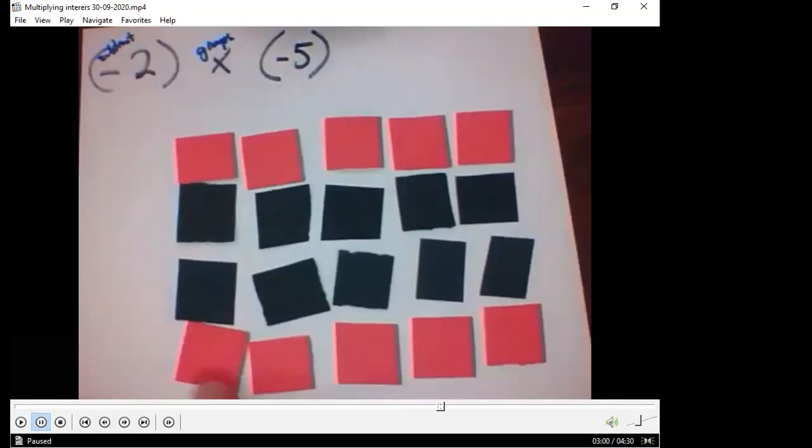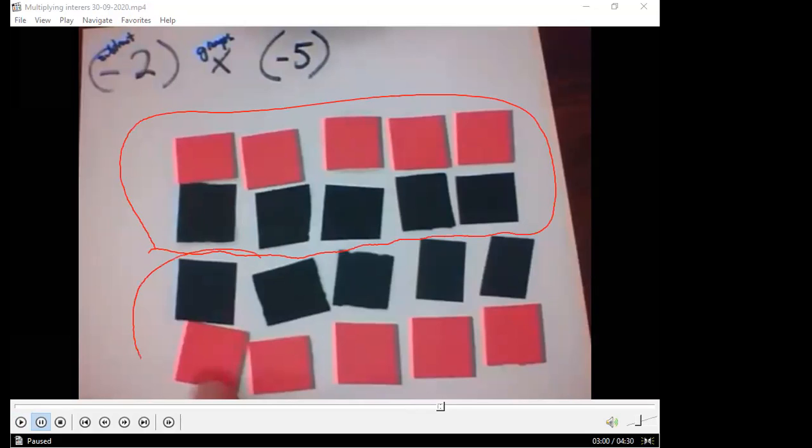This one represents the first group, and this one represents the second group, because he said subtract 2 groups. Each group has 5 negative, but once we have negative at the beginning, then we will use zero pair.